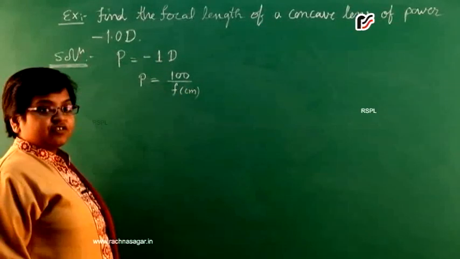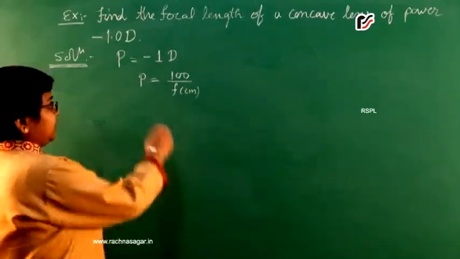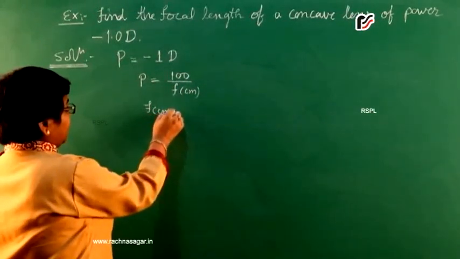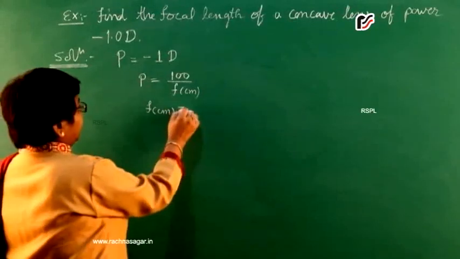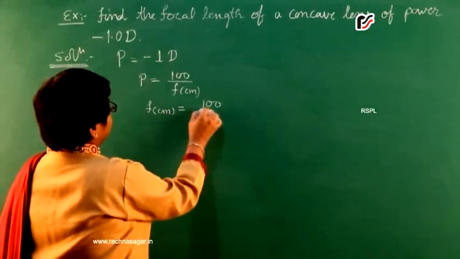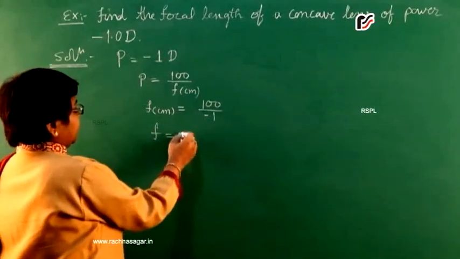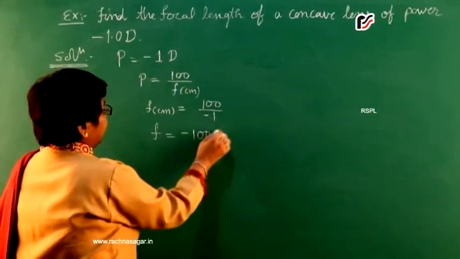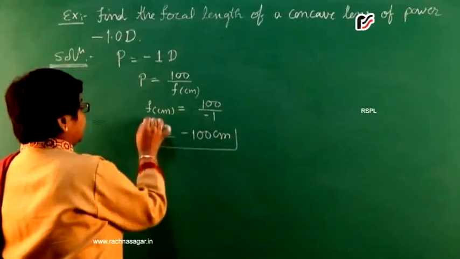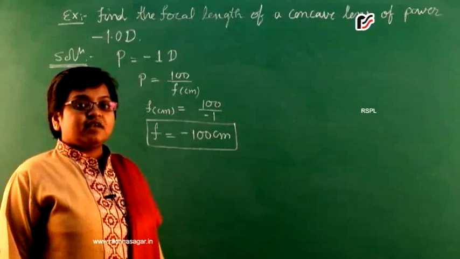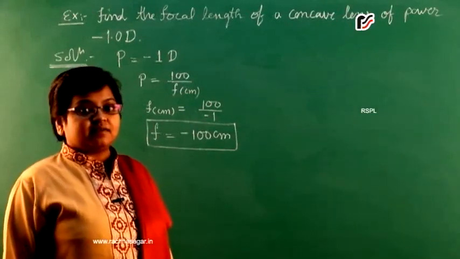By using the relation between power and focal length, P equals 100 by F, so F equals 100 by power, that is 100 by -1. Then the focal length of this concave lens is -100 centimeter. Thus we say that the focal length of this concave lens is -100 centimeter.